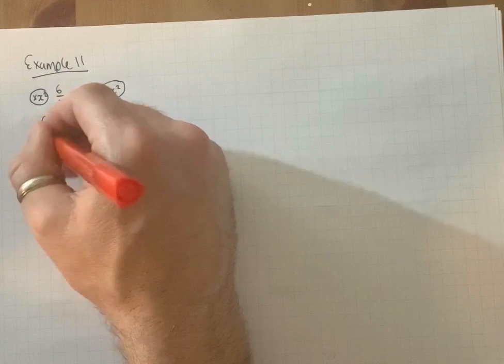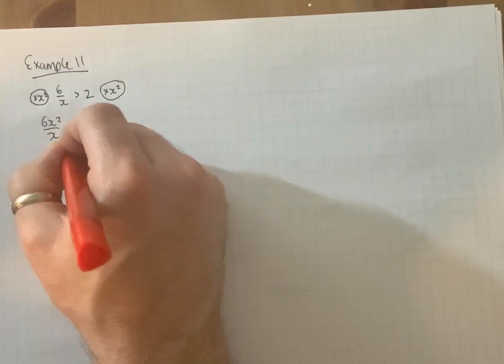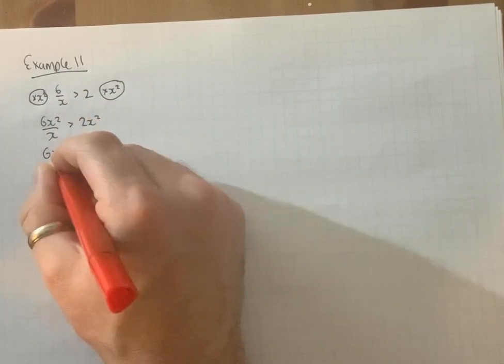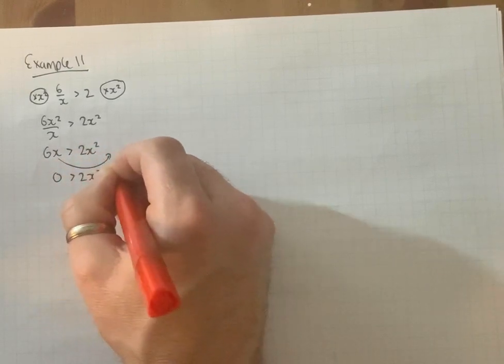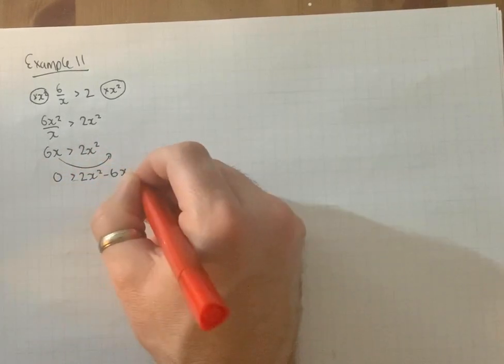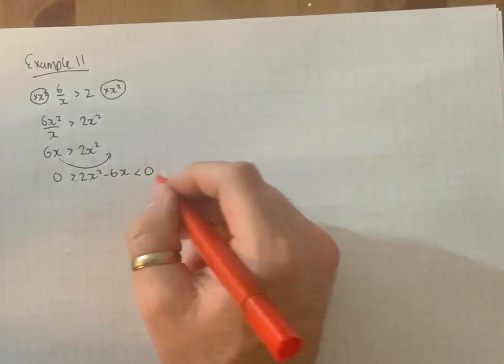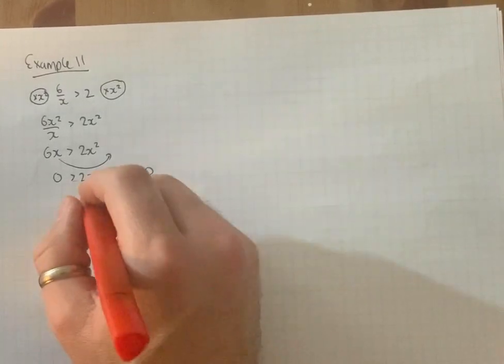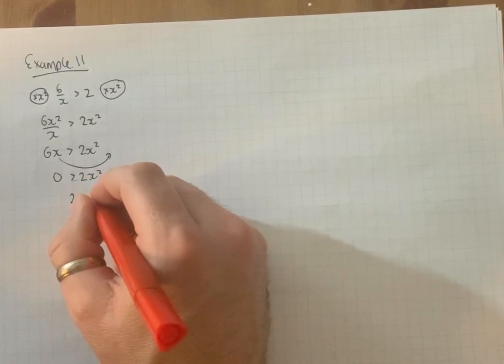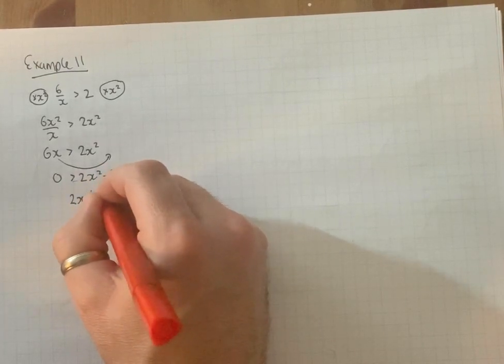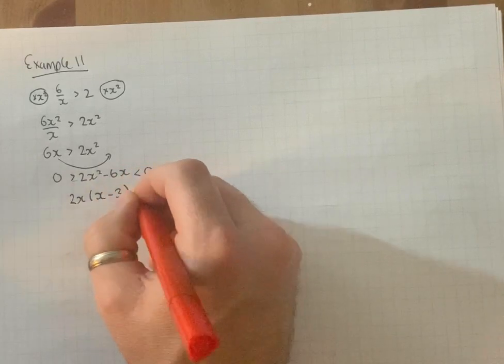X squared and x just cancel. Give me 6x is greater than 2x squared. Let's bring that over. 0 greater than 2x squared minus 6x. Points towards the x squared, so I'll put the less than 0. Factorise. We'll take 2x out, and that's going to be x take away 3.